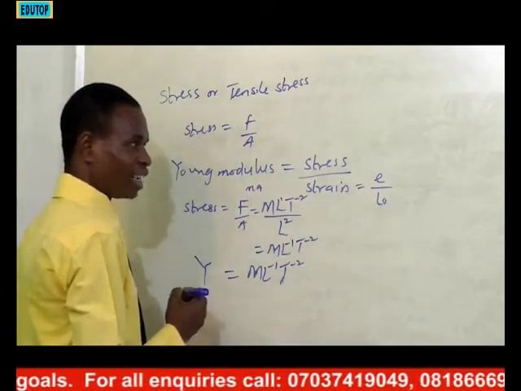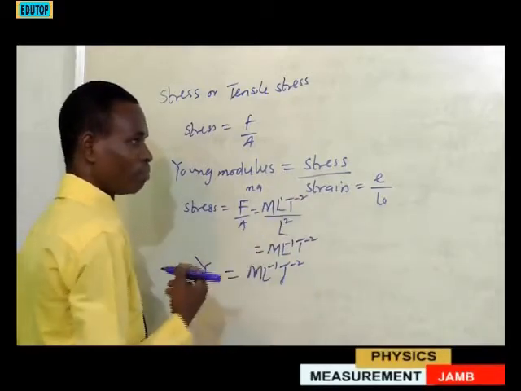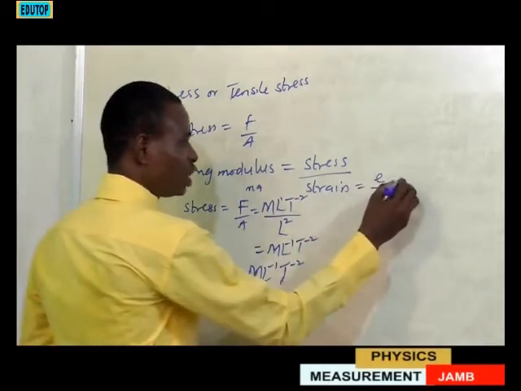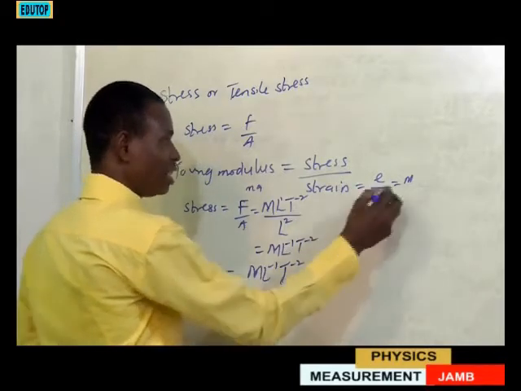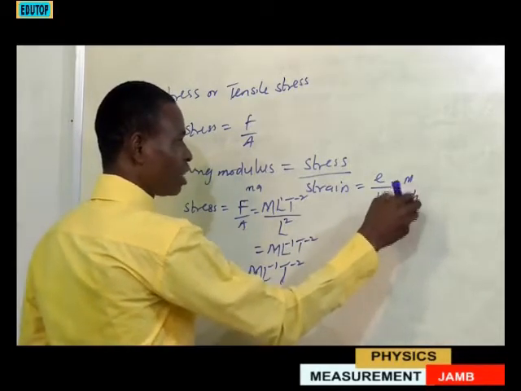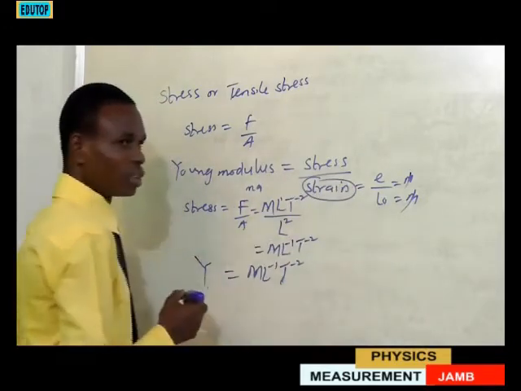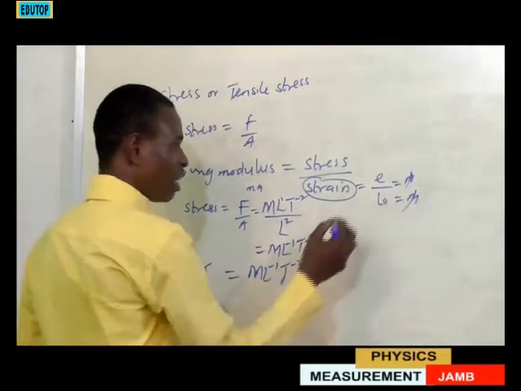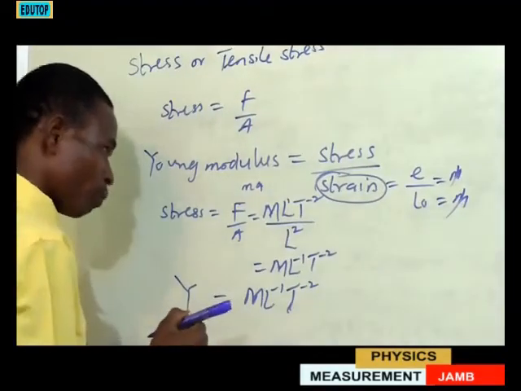The ratio of extension to the original length of a material is strain. And extension is meter. Original length is also what? Meter. Meter cancels meter, which means strain has no units. And once it doesn't have units, then strain has no dimension.